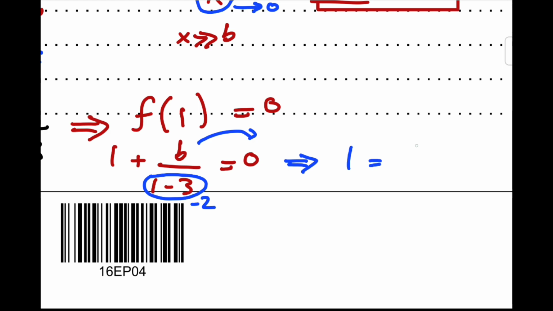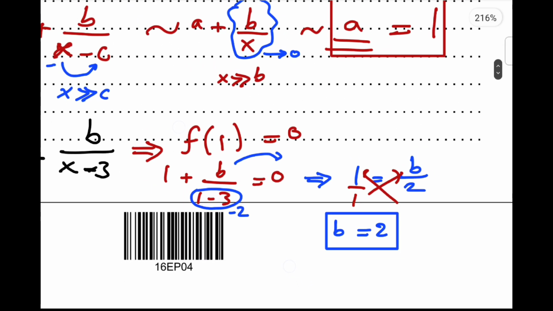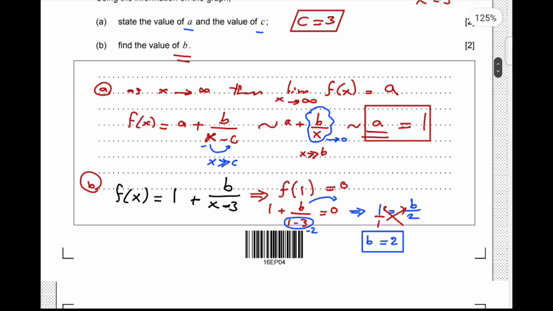So we'll have 1 equal to b over 2, and then cross multiplication gives me b times 1, which is b, equal to 2 times 1, which is 2. So the answer is 2. And that's it.